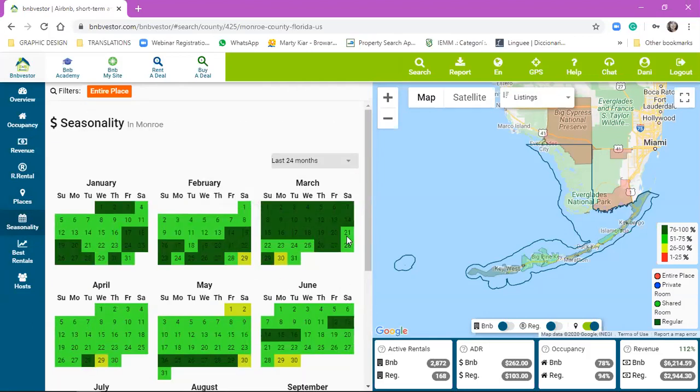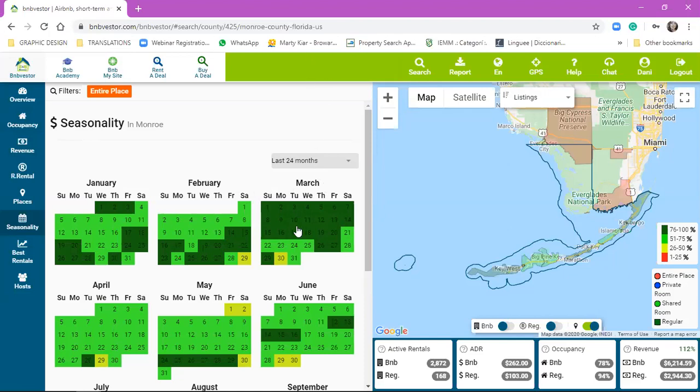For example, March. Remember that I showed you in the revenue and occupancy that March is the highest occupancy and has the best revenue, which is going to give you the return on investment. Well, you can see it here.